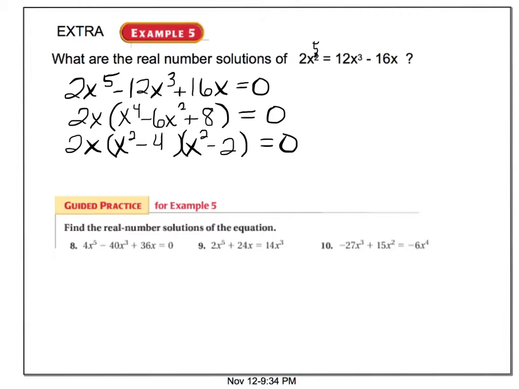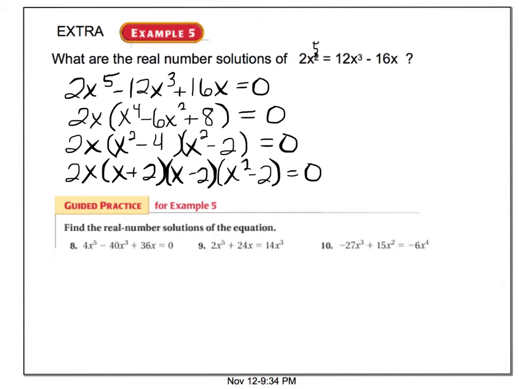Are you factored completely is the next question you ask yourself. That answer would be no, because you have the difference of squares pattern here. And so that will break up into x plus 2 and x minus 2. This term is done because 2 is not a perfect square.